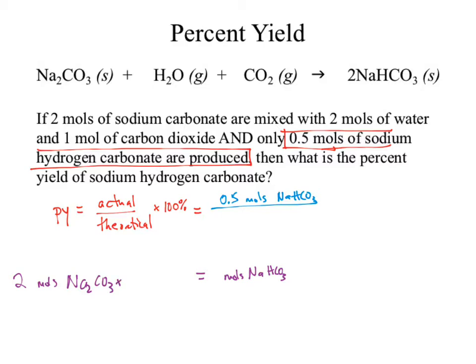Okay, so what do I need? A conversion factor. That conversion factor needs to do what? By converting, I need to place the sodium carbonate in the denominator. Why? To cancel the unit. What needs to show up top? Sodium hydrogen carbonate.